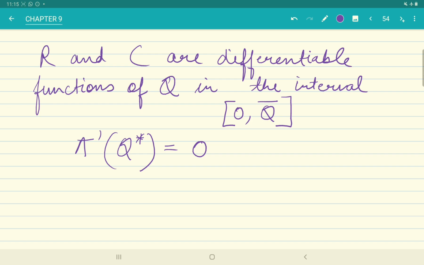So pi prime q star would be equal to 0, and that just means that r prime q star would be equal to c prime q star.